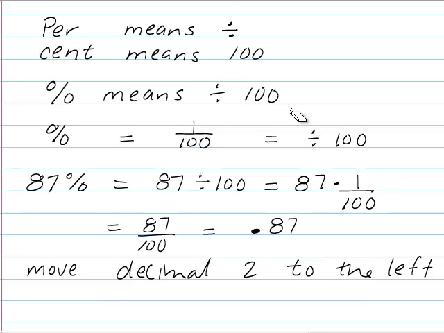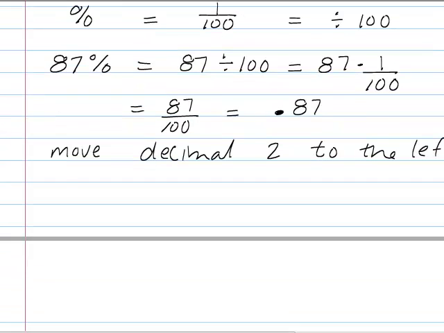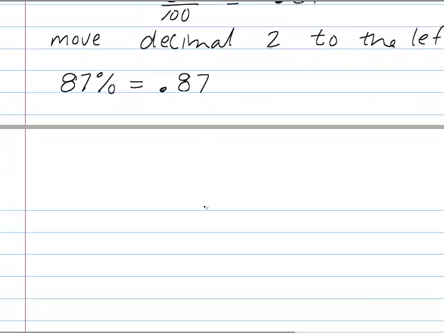And so this is an equivalency: 87% equals 0.87 or 87 hundredths. Those are the same thing.